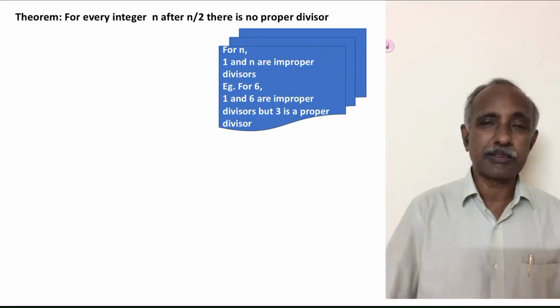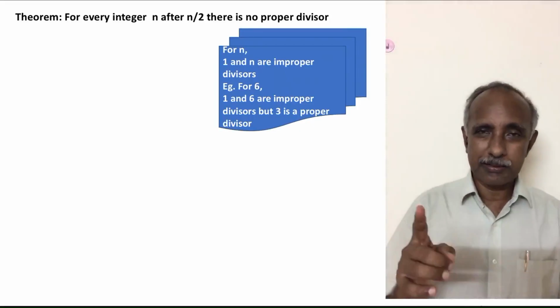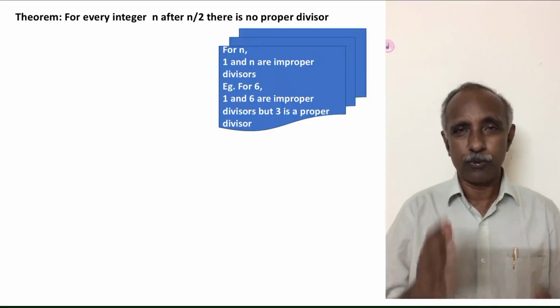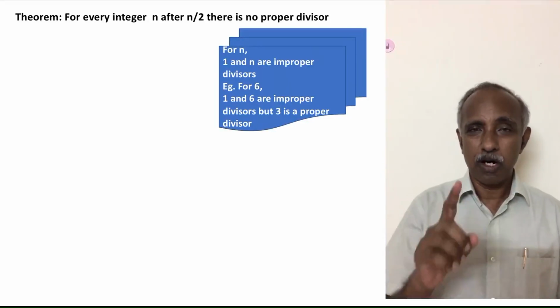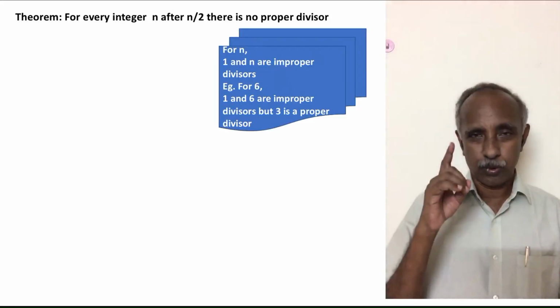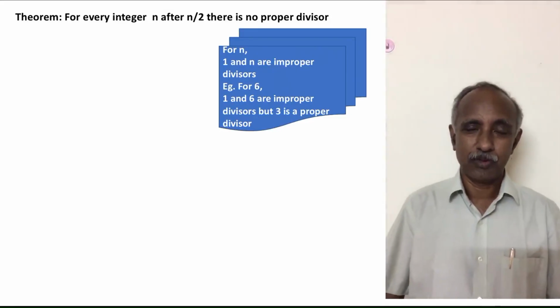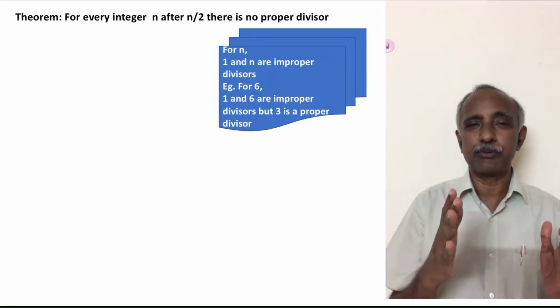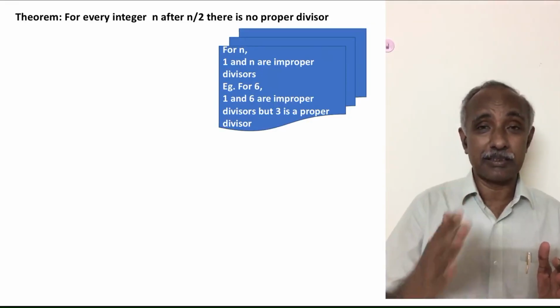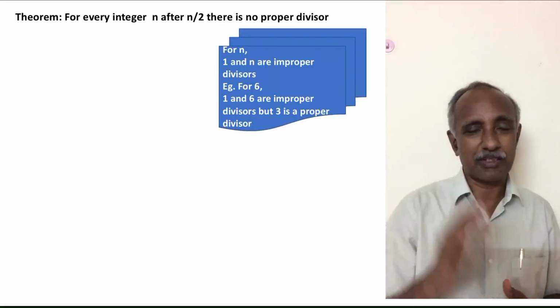Particularly for the number 6, 1 and 6 are improper divisors, but 3 is a proper divisor. Now you can understand. So after n by 2 there is no proper divisor, which means there is only one divisor, that is n. So you can go up to n by 2; there is no need to go beyond n by 2 in prime number divisor checking. That's what this theorem says.